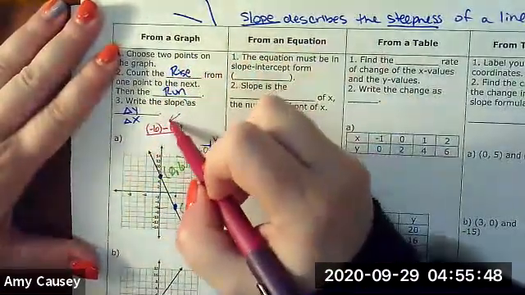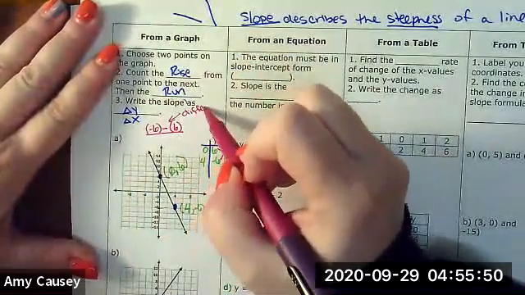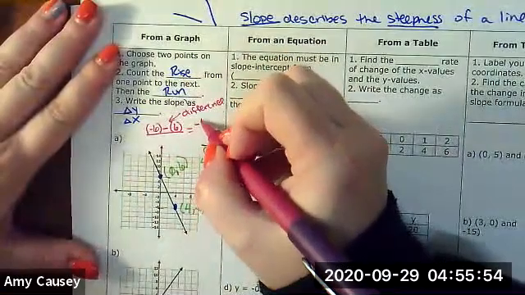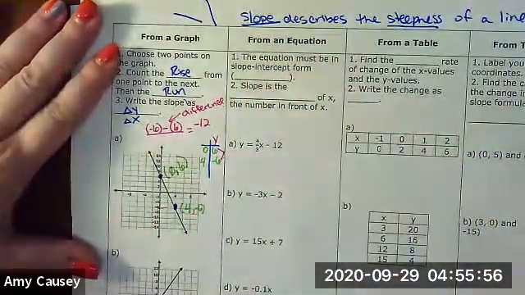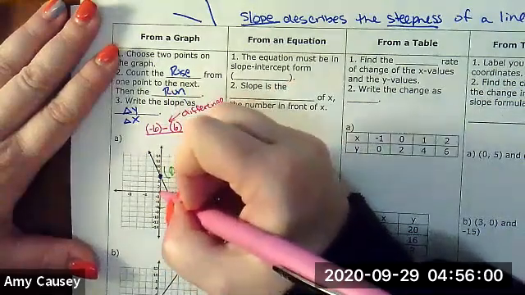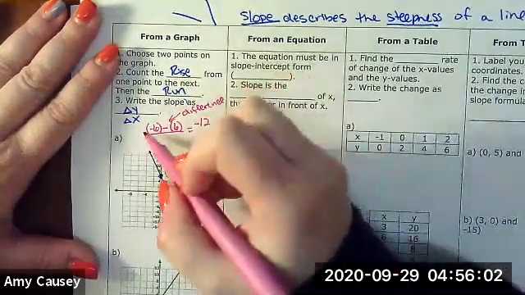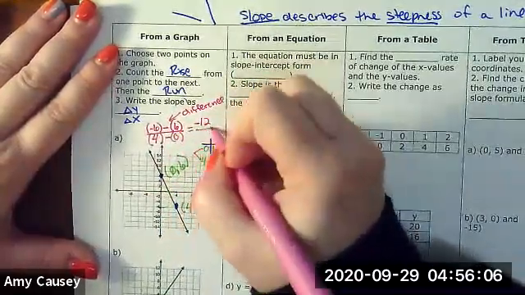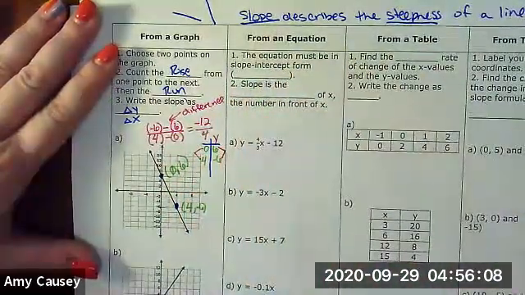This is how you find the difference. Well, -6 minus 6 is -12. Then I'm going to find the difference between my x's, between the 0 and the 4. So I'm going to take my 4, subtract 0, and I get 4.